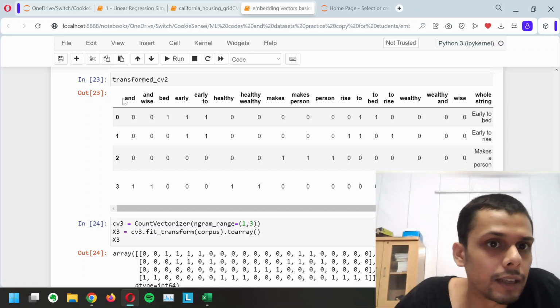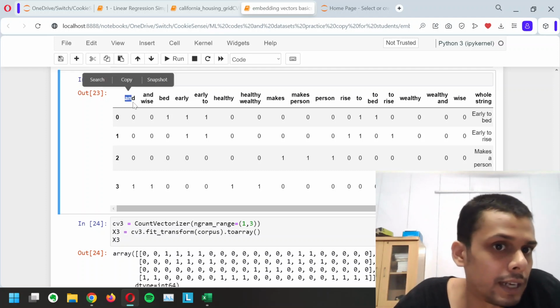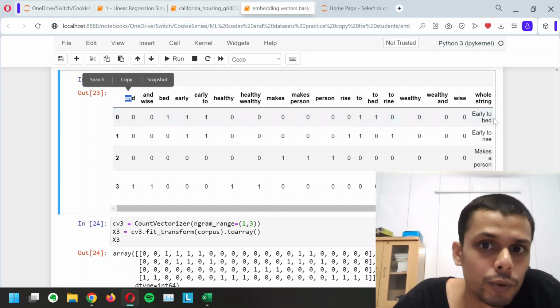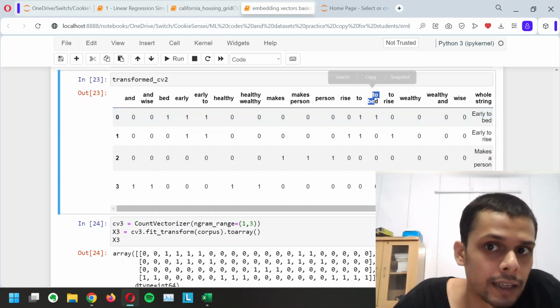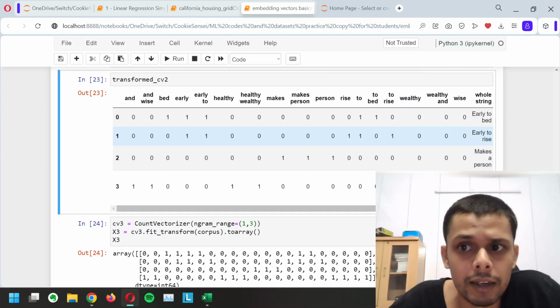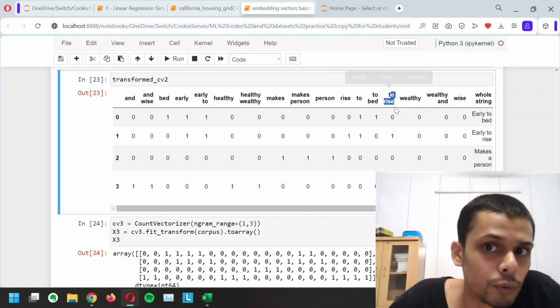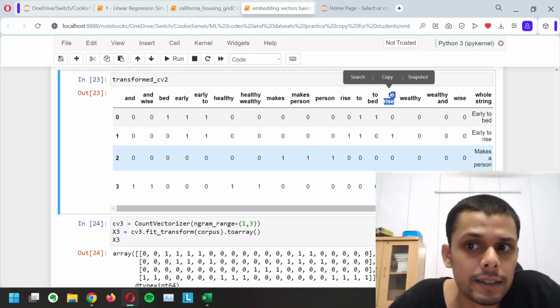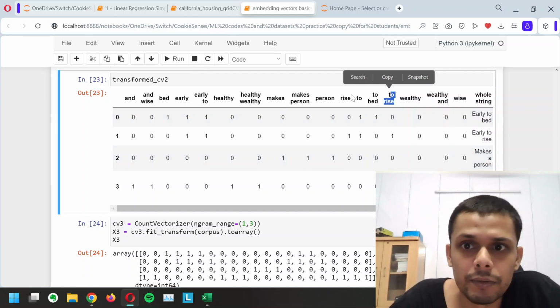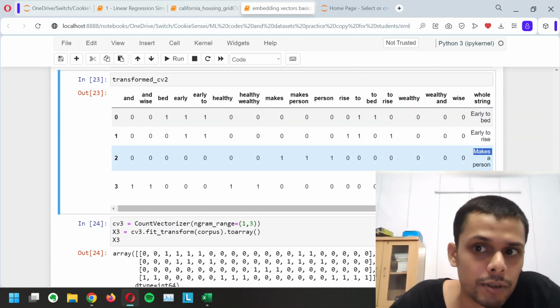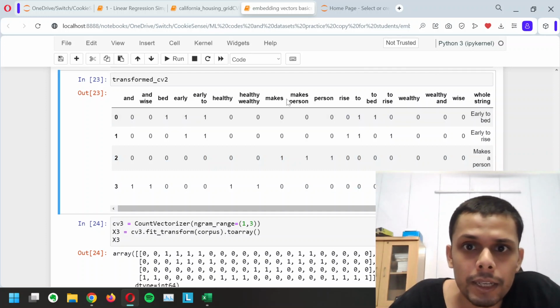So there were the words as well, and wise, bed, early to. So you can see "early to" and "to bed" have also been added. And because in our vocabulary we had "early to" and "to rise", you will see the "to rise" token as well, and "makes a person". So it should be right here somewhere. Makes person.